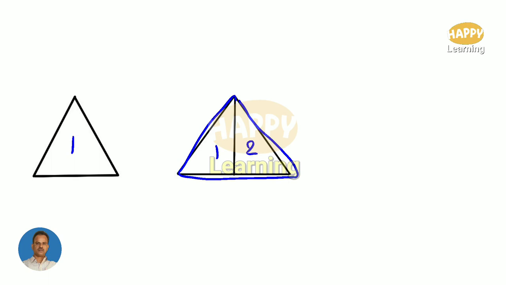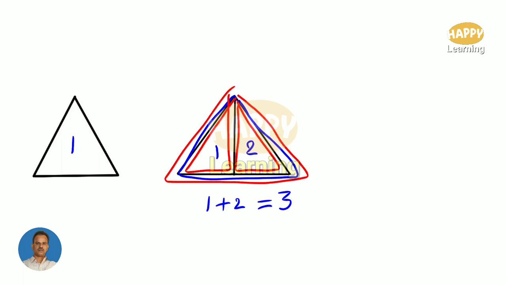So total 1 plus 2 equal to 3 triangles. If we count manually, this is one triangle, this is second, and this is third. Total we have got 3 triangles that we can get using 1 plus 2 equal to 3.